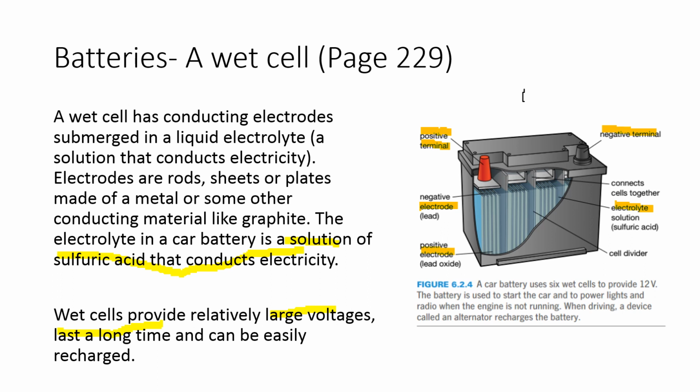There's something known as PANIC. So I'll write this for you. P-A-N-I-C. So PANIC is positive is anode, negative is cathode. So I repeat myself, PANIC stands for positive is anode, negative is cathode.